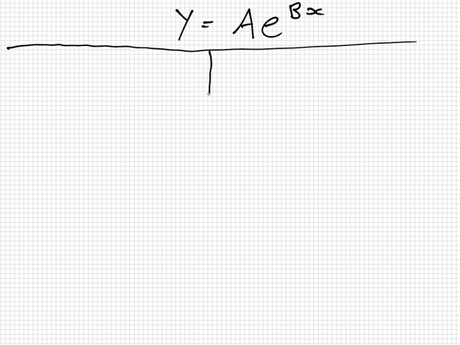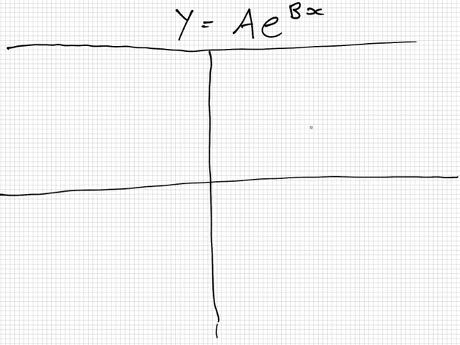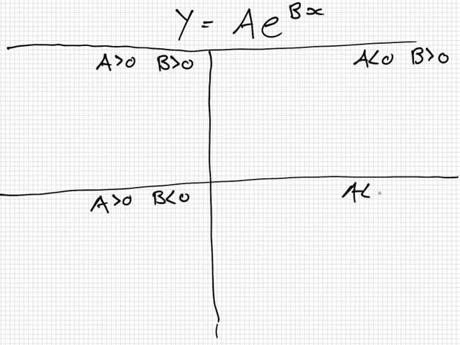It depends on if a and b are positive or negative. The first one is if a is positive and b is positive, a is negative and b is positive, a is positive and b is negative, a is negative and b is negative.